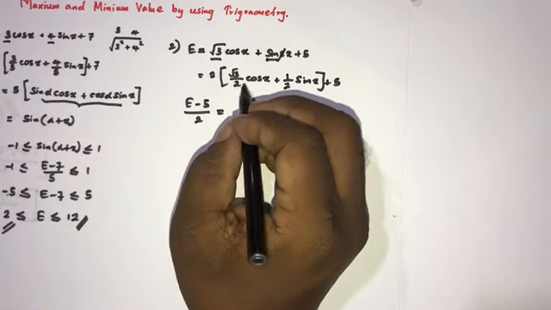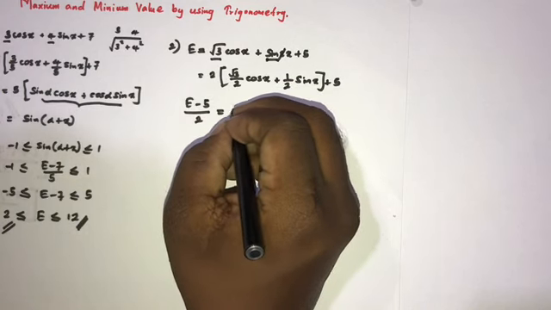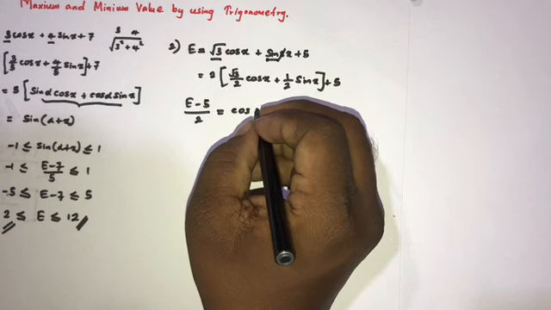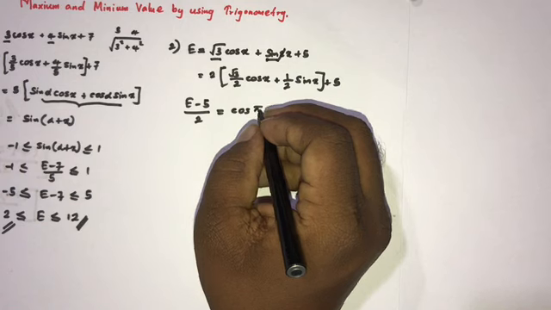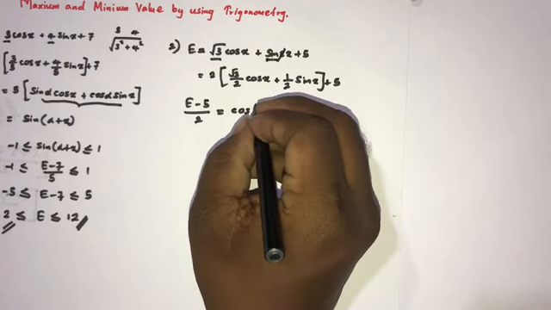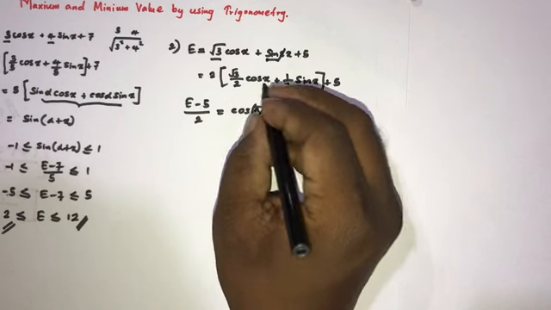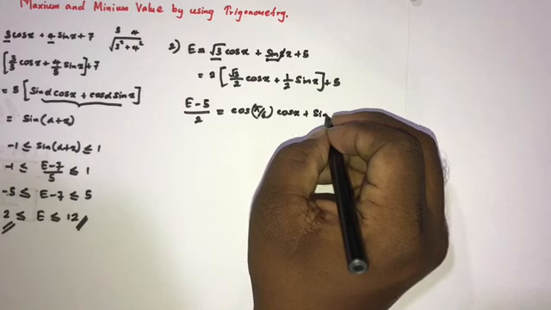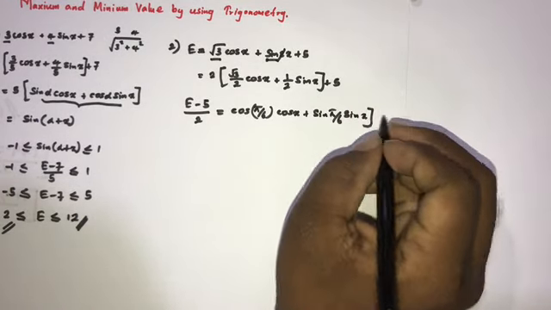Now we can take the square root of 3 over 2 as cosine of 5 over 6... here cosine of x, and 1 over 2 we know as sine of 5 over 6, sine of x.